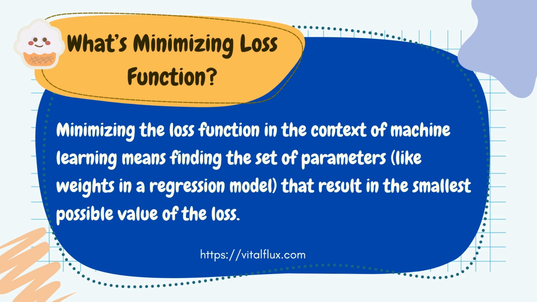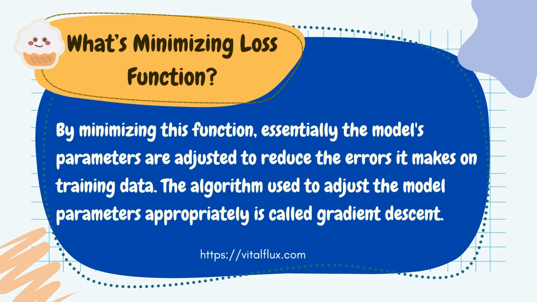This act of minimizing the loss function happens during the training of the machine learning model. When we are trying to minimize the loss function, what we are essentially doing is adjusting the parameters for each input data set such that the difference between the predicted value and the actual value is as small as possible.